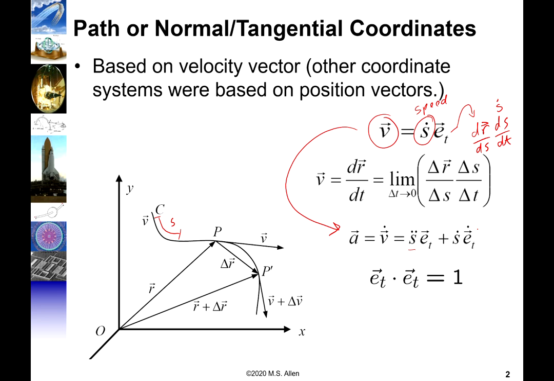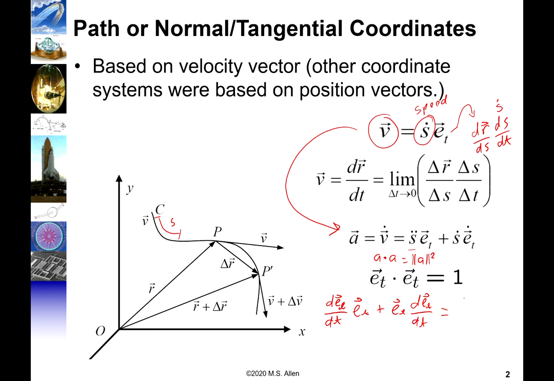Well, one way we can do that is to recognize that it's a unit vector, so if we dot the vector into itself, we get the magnitude squared. This comes from math, where a dot a is just the magnitude of a squared. If we take the derivative of this expression, we will get det/dt dot et, and then et dot that derivative.